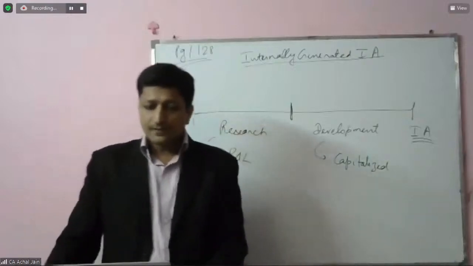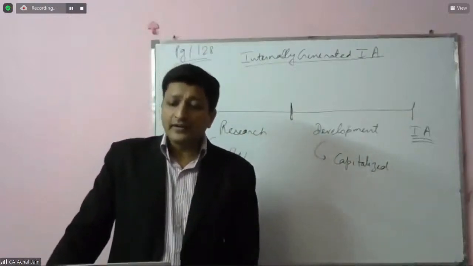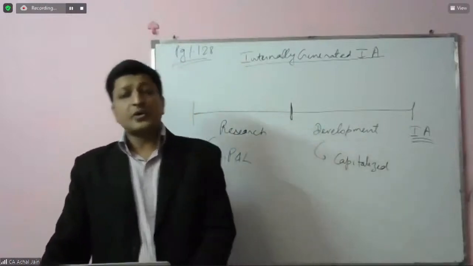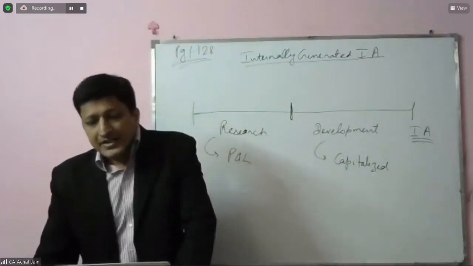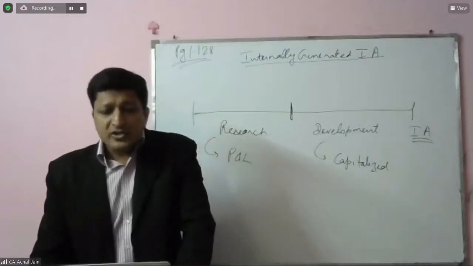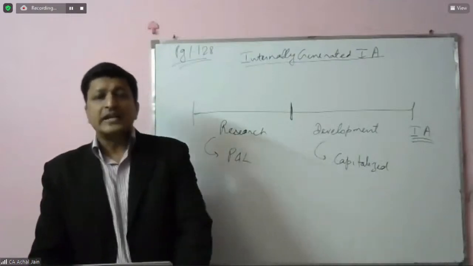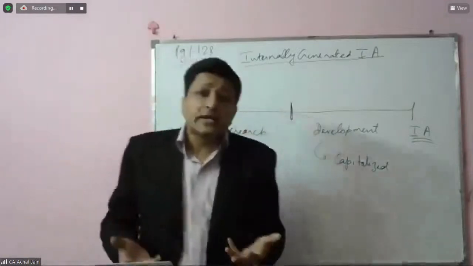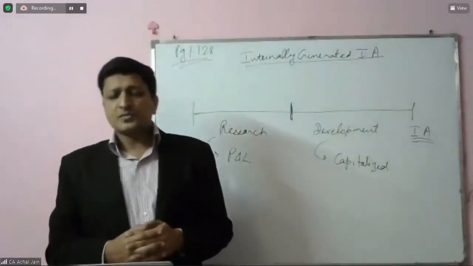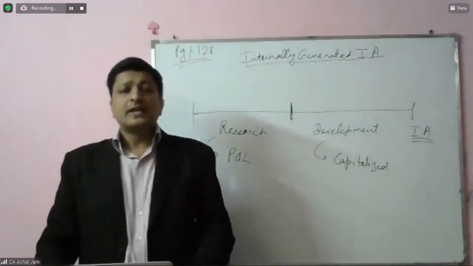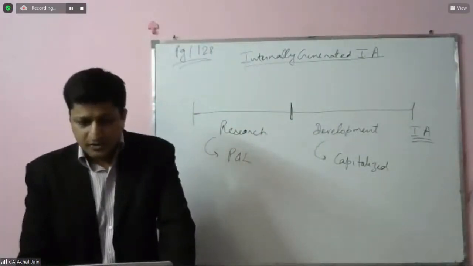Again, research. Search for alternatives for materials, devices, products, processes, systems, services. Again, that's research. Formulation, design, evaluation, final selection of possible alternatives for new or improved materials, devices, products, processes, systems. That is again what? Research.